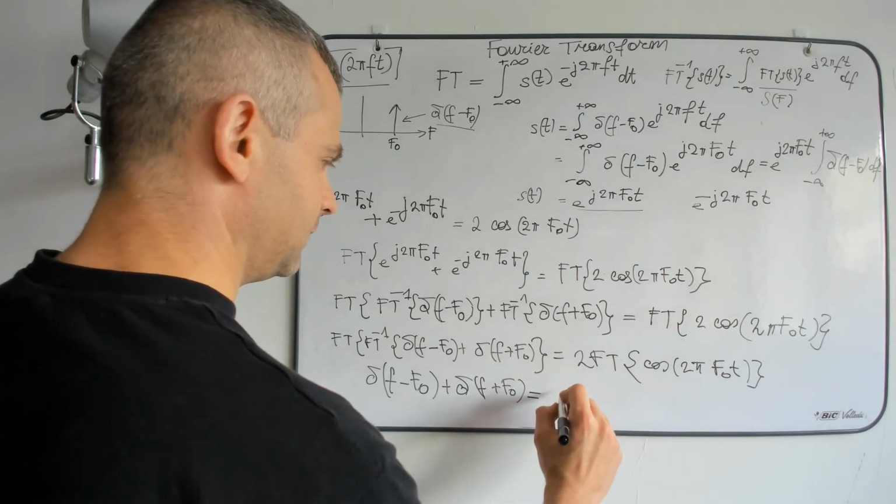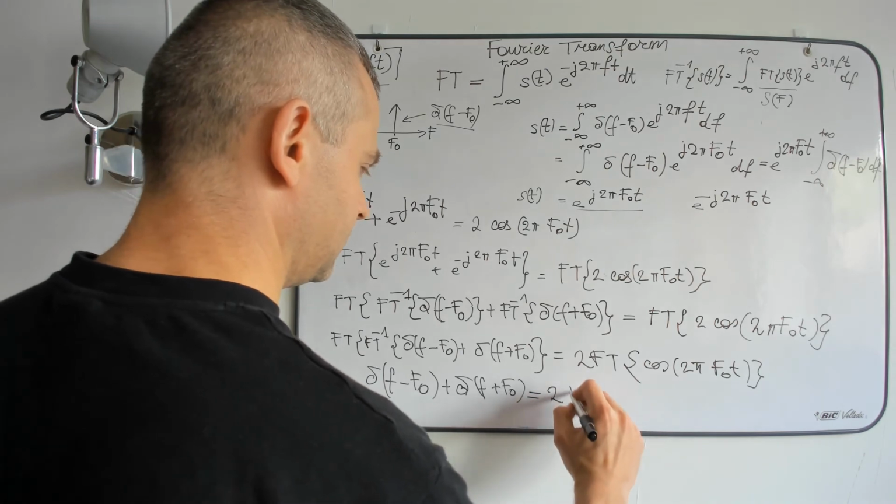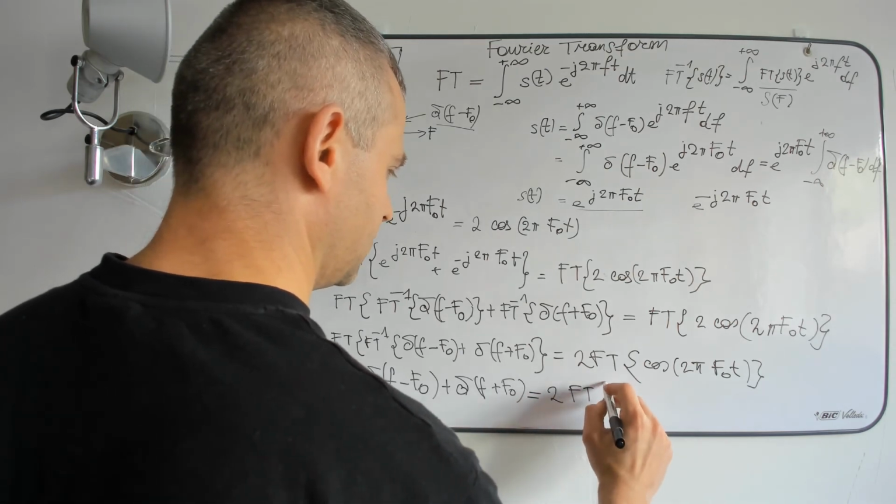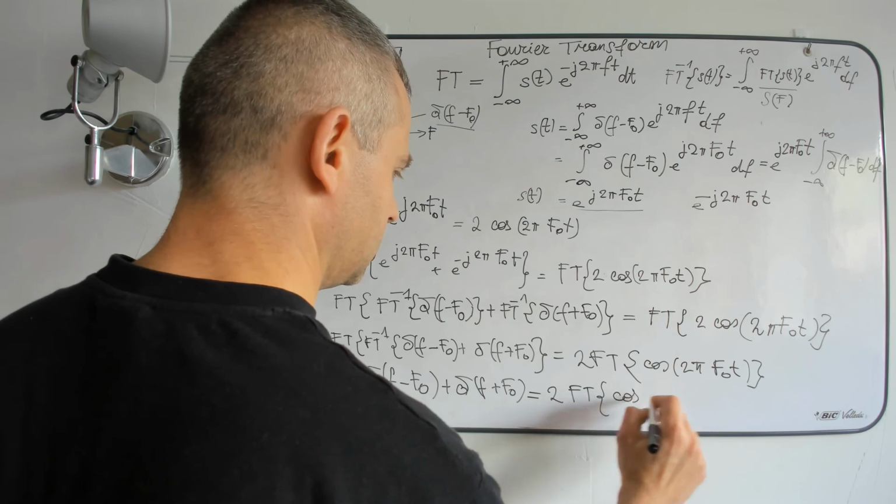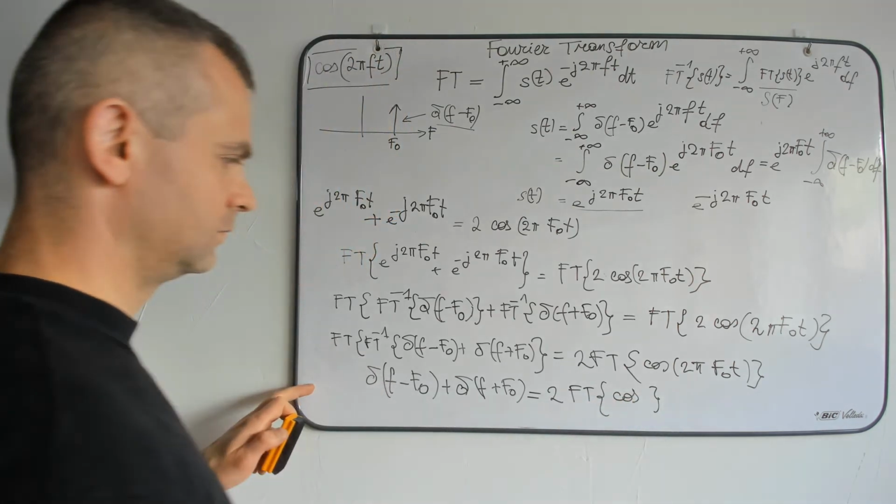is equal to 2 times the Fourier transform of our cosine.